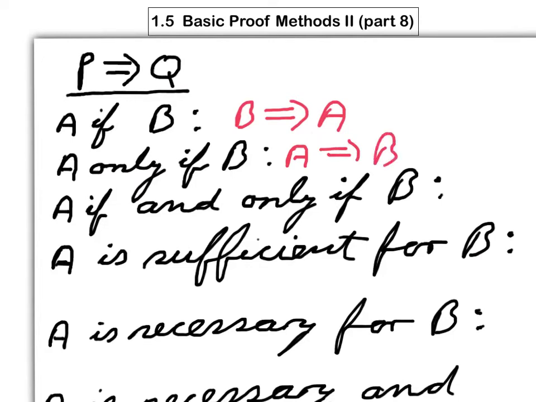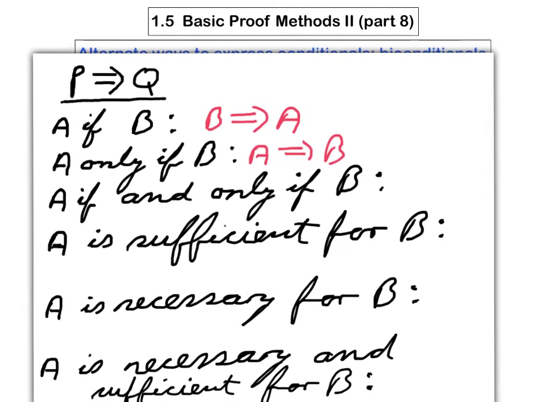So even though the words look very similar, A if B and A only if B are actually converses of each other. And so there is really no logical connection between A if B and A only if B. Now we can combine those two into a single statement when we say A if and only if B. That means A if B and A only if B. So in other words, it's saying B implies A and A implies B, and that's what we call the biconditional statement.